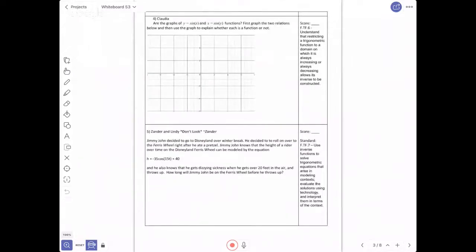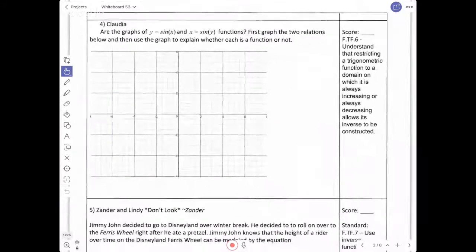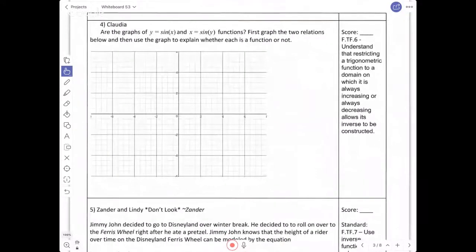Here we go. A question from Claudia. Are the graphs of y equals sine of x and x equals sine of y functions? First, graph the two relations below, and then use the graph to explain whether each is a function or not. So here, I'm going to graph y equals sine of x in red, and then I'll do x equals sine of y in blue.